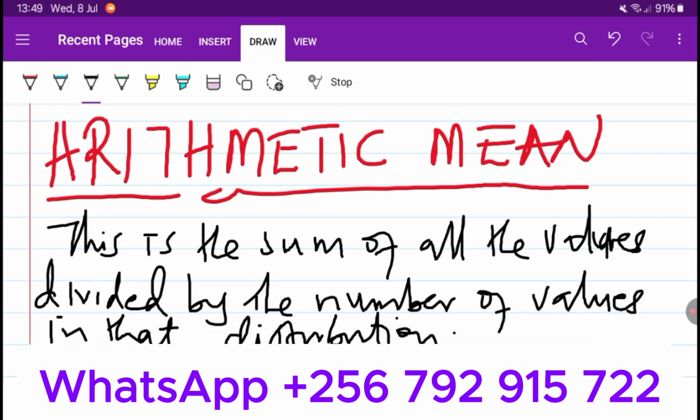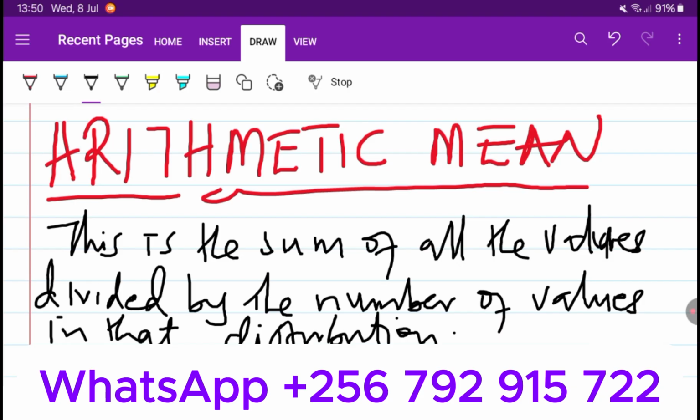So the choice of the average depends upon the distribution of data and the purpose for which it is used to serve, or for the purpose of which we are going to use it. What are we looking for the mean to do?